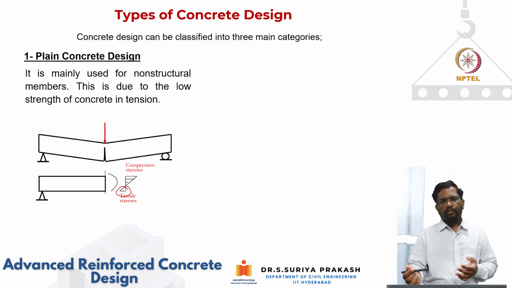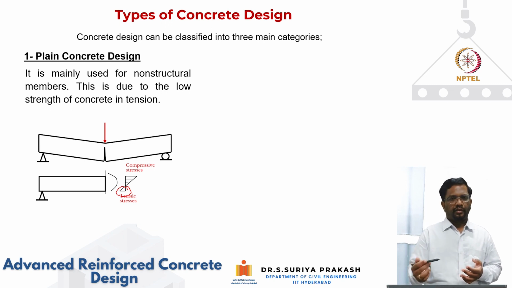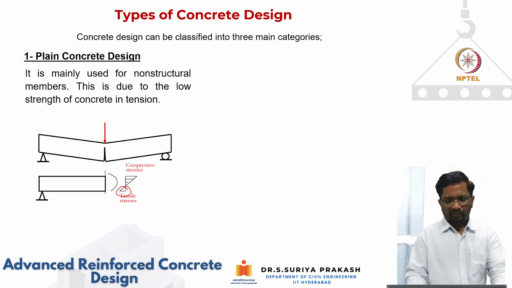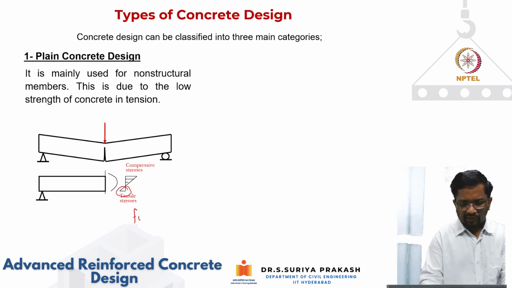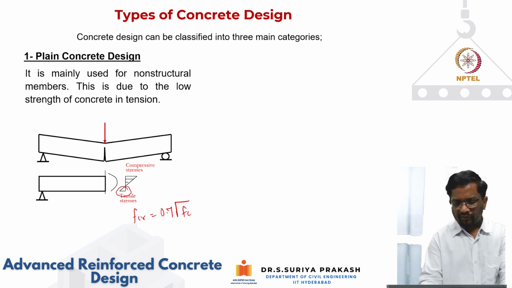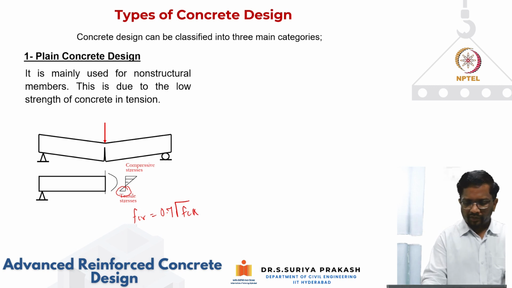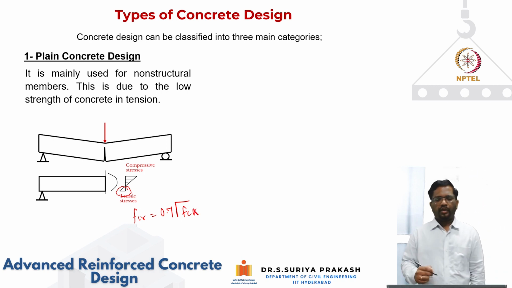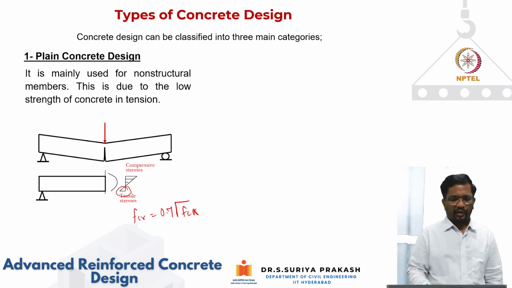So you're going to talk about flexural tensile strength, also called the modulus of rupture. We will talk about that in the material class. Fcr in the IS code is usually given as 0.7 square root of fck. So that is what we will be using and then calculating that.